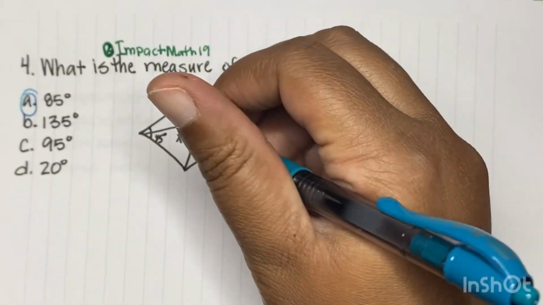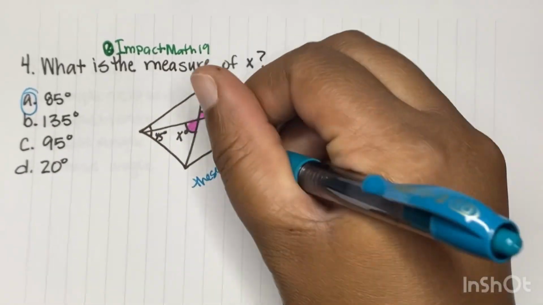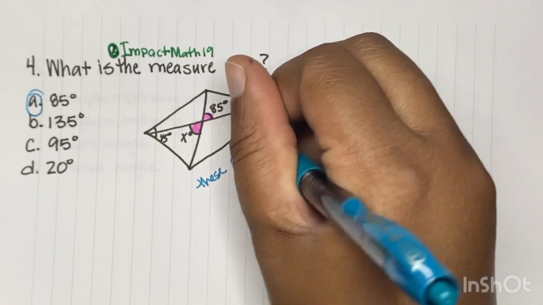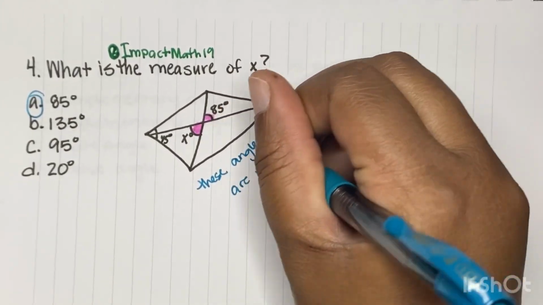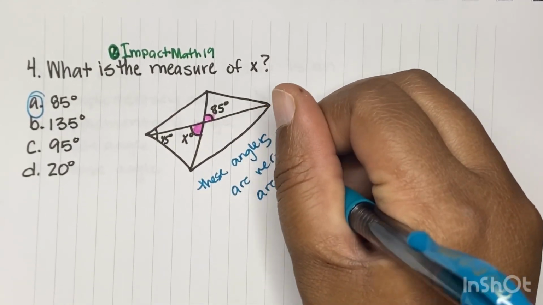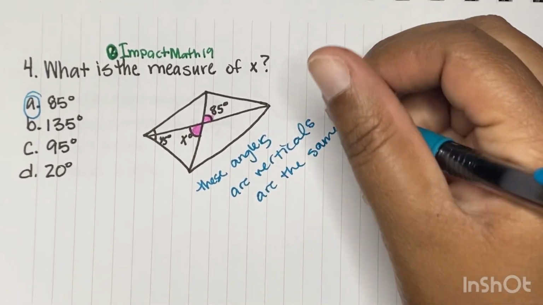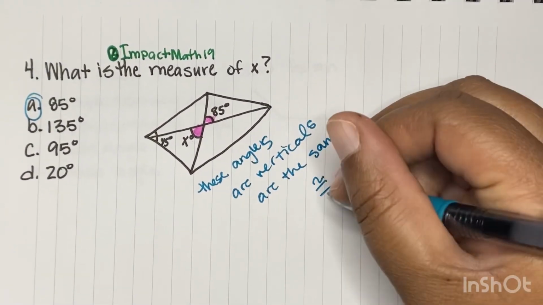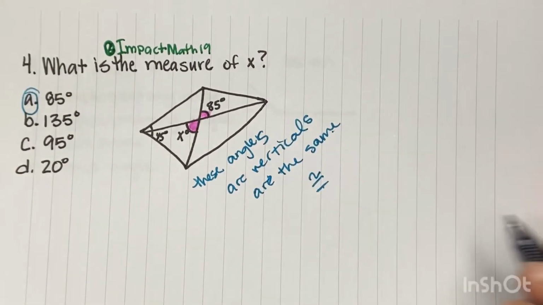So A would be our answer because these angles are vertical. And vertical angles are the same. They're congruent, okay? This symbol means congruent, which means the same. All right, and let's go to our last.